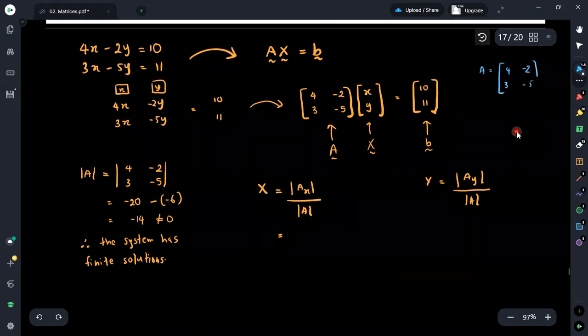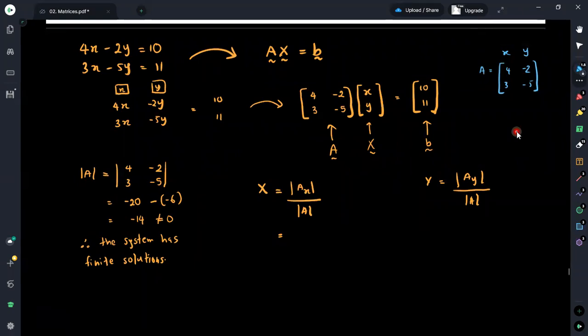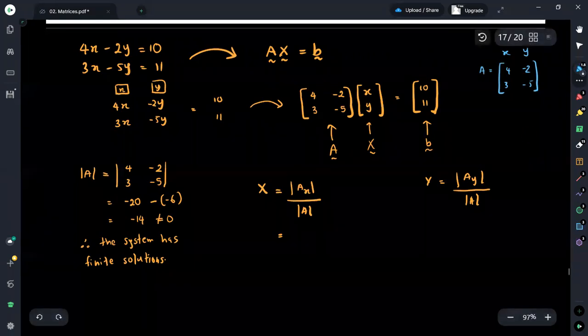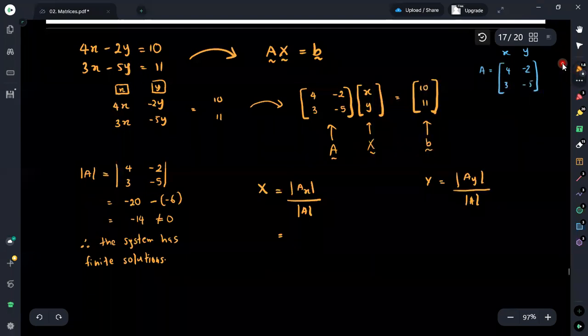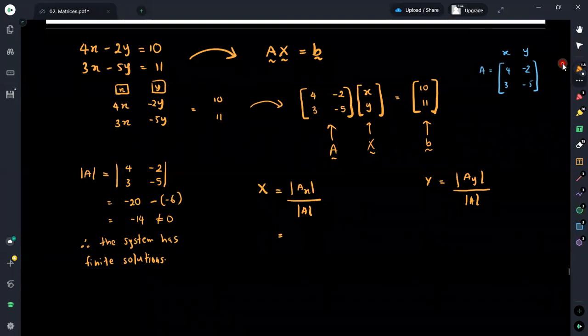The first column contains the coefficients of x and the second column contains the coefficients of y. Now I need to find the solution for x. Therefore, I will omit the coefficients associated with the x variable.